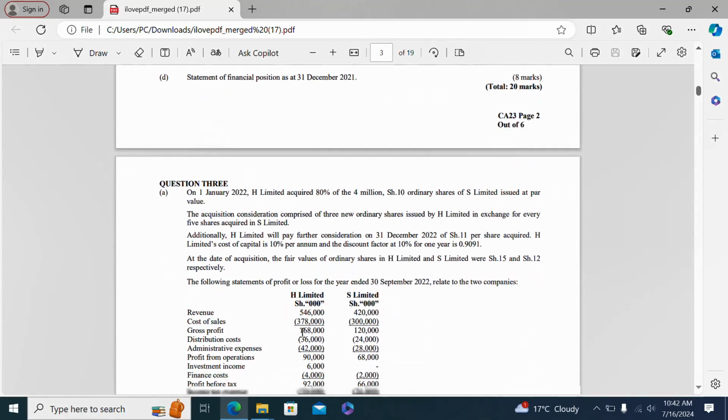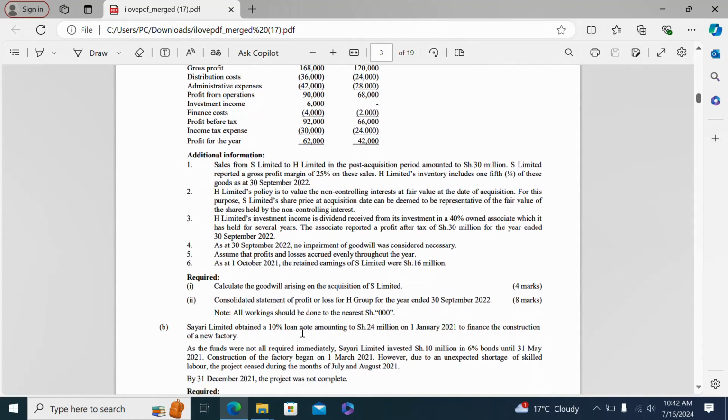Question 3. Calculate the goodwill arising on the acquisition of S Limited, and the consolidated statement of profit or loss for H Group for the year ended 30th September 2022. Note, all workings should be done to the nearest shillings thousand.